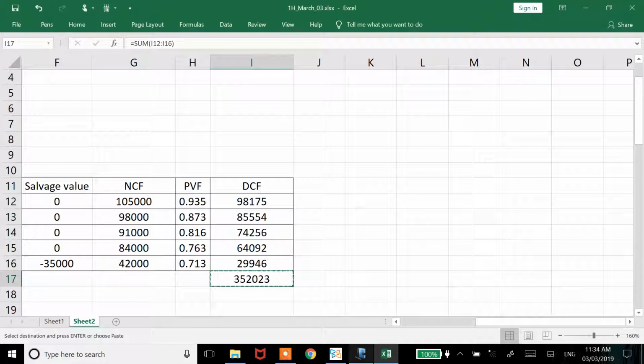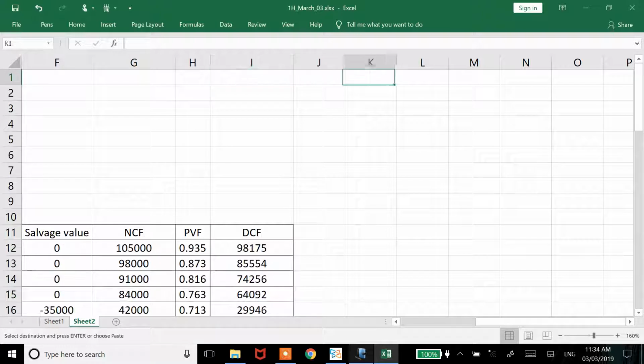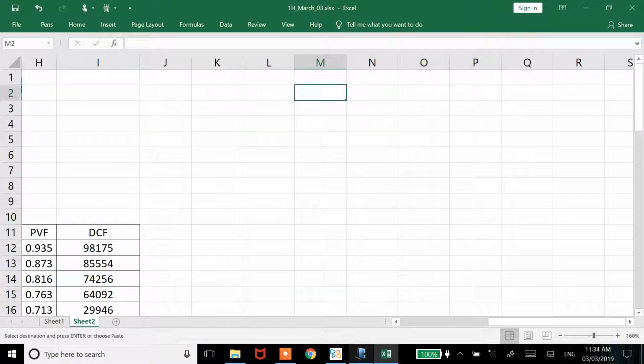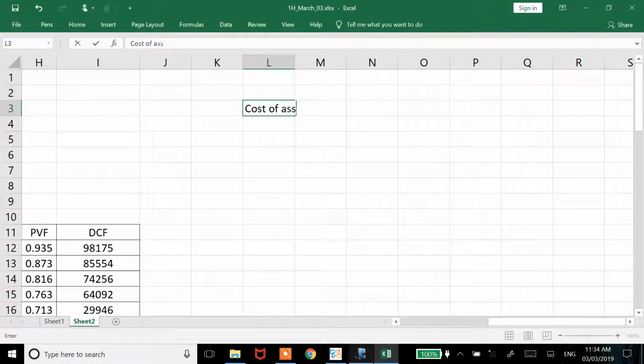In case my discount rate and after tax cost of debt are the same, you need not do all of this. There's a shortcut to the answer. The Institute doesn't adopt it, but that's the shortcut. Many authors have talked about this. Now listen, in case my discount rate and after tax cost of debt are the same, I'll take the cost of asset.